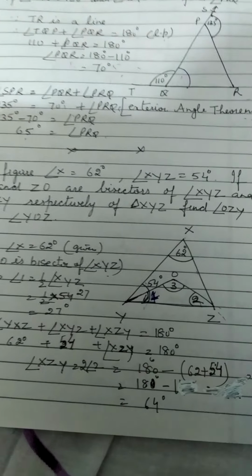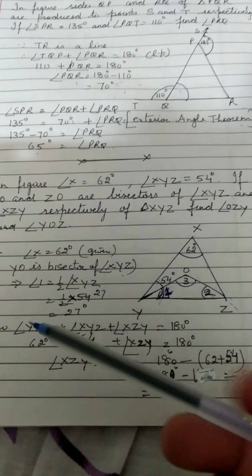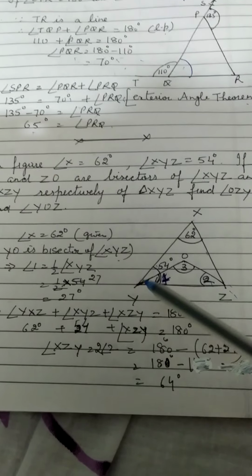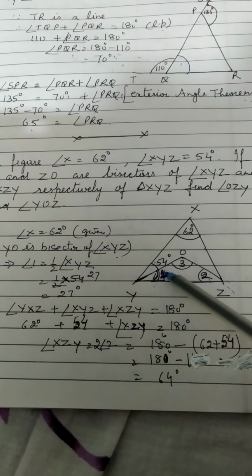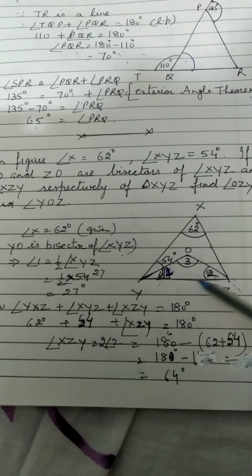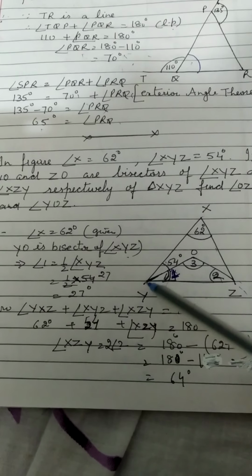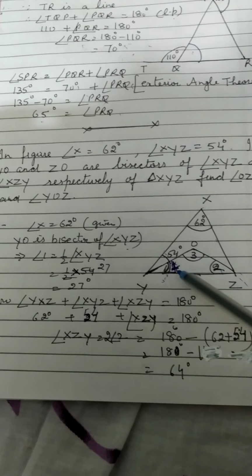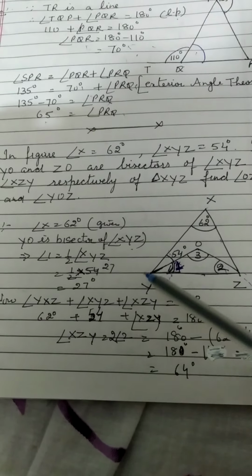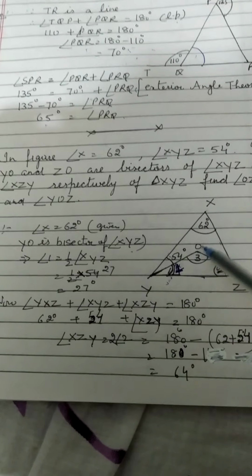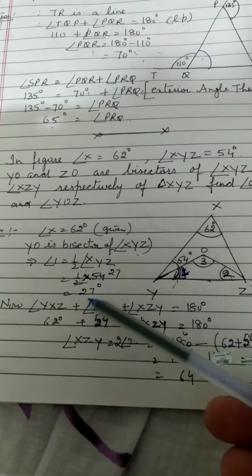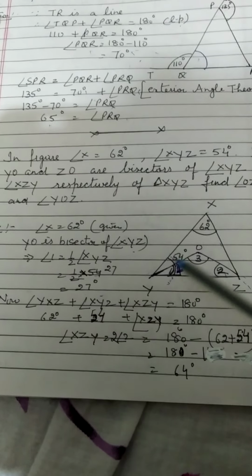Now YO is the bisector of XYZ. Then angle 1 will be equal to half of angle XYZ. Because OY is bisecting this angle, this angle will be half of this full angle. And XYZ was given to be 54, then angle 1 is equal to half of 54, it is equal to 27.